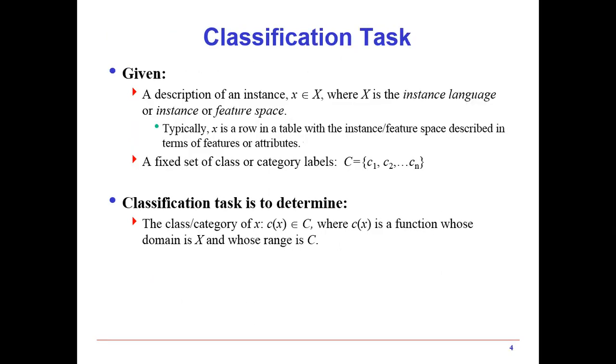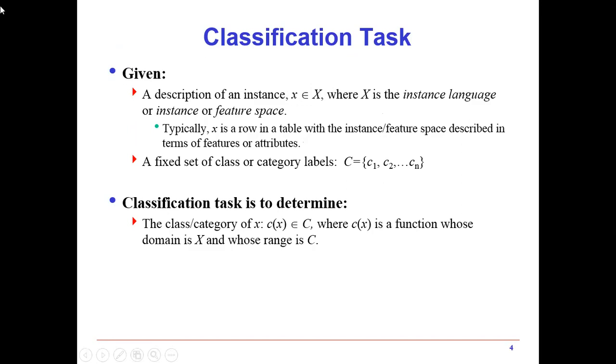So in the classification task, first we have the feature space. And what is a feature space? Capital X is your feature space, where small x is an element of the capital X. Any instance small x is called an instance, and capital X is called your feature space.